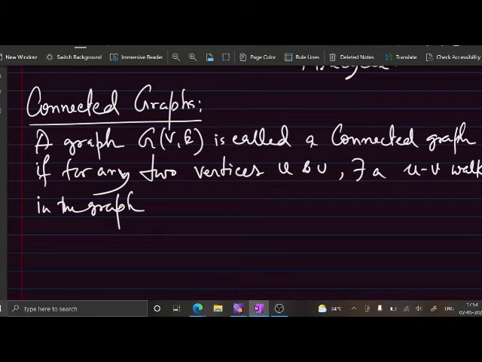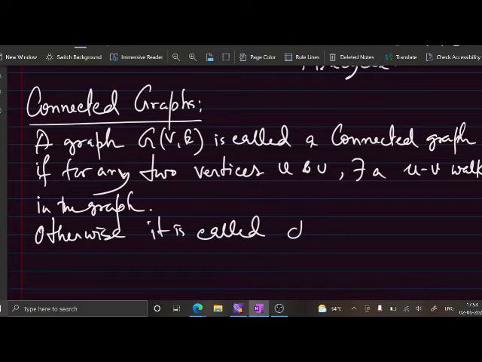Okay. So if you take any two vertices, then there should be a walk in between these two vertices, and otherwise it is called a disconnected graph.